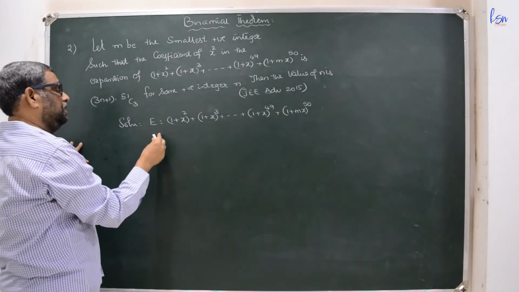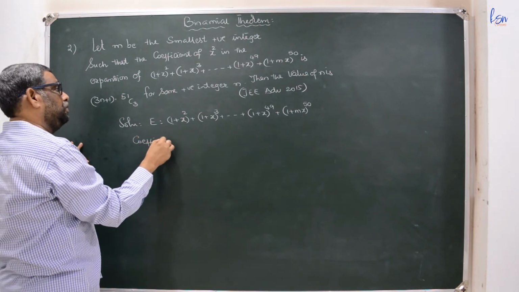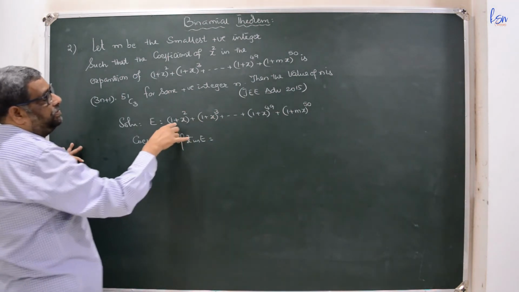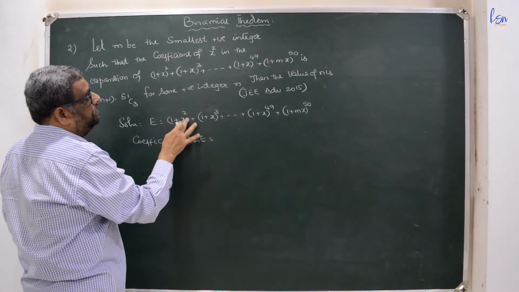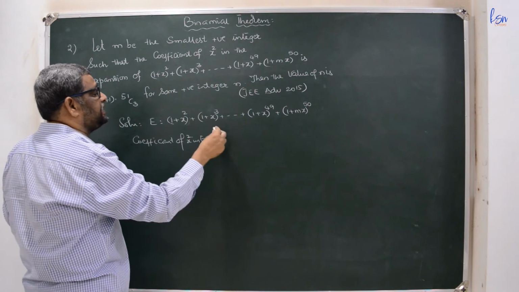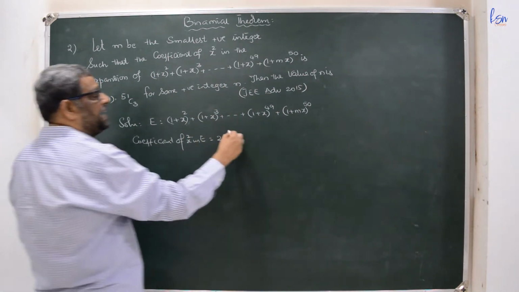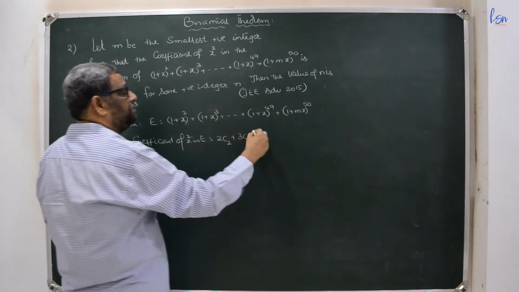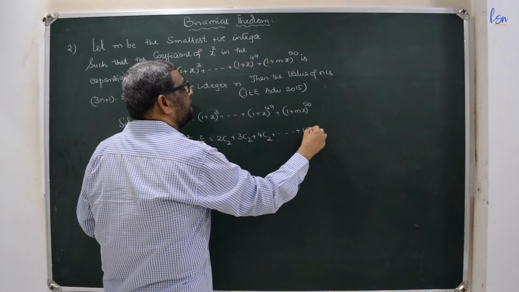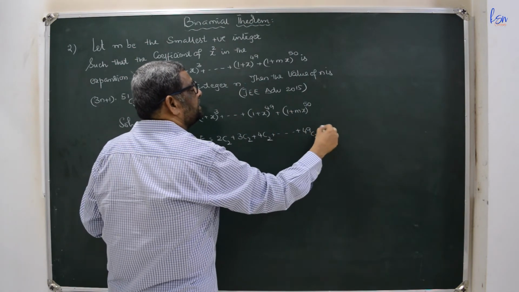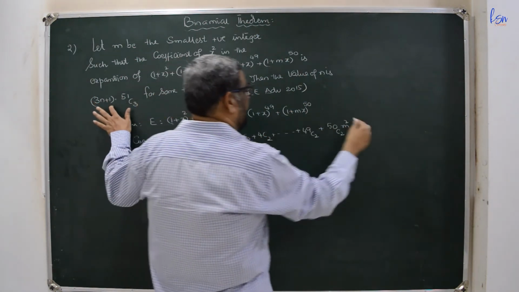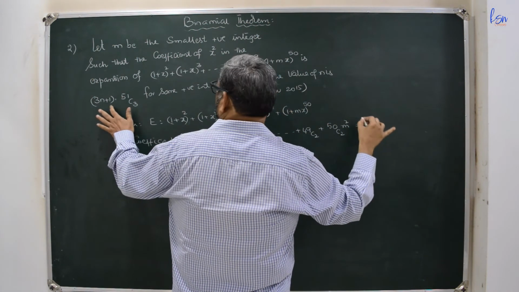Coefficient of x square in the expansion E is equal to, generally nC0, nC1, nC2 like that, 2C2 x square plus 3C2 x square plus 4C2 x square plus so on, 49C2 x square plus 50C2 m square, is equal to, it is given as (3n plus 1) into 51C3.